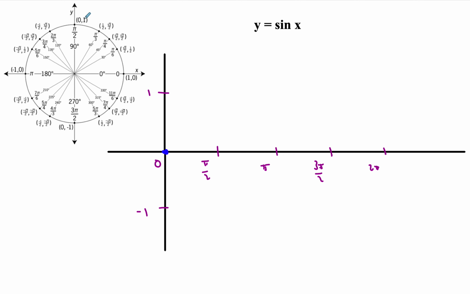By the time we hit pi over 2, the y value is 1. Then we go back down, and the y value is back to 0. And the y value ranges to negative 1 in much the same fashion, such that in 2 pi radians, we've come, for lack of a better term, full circle.